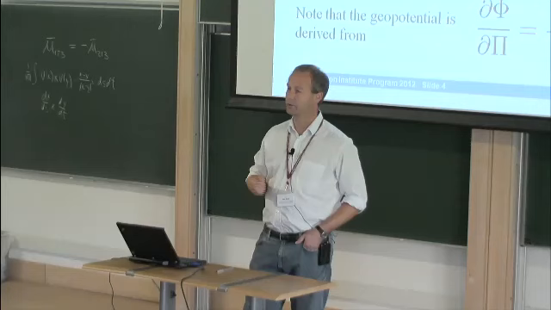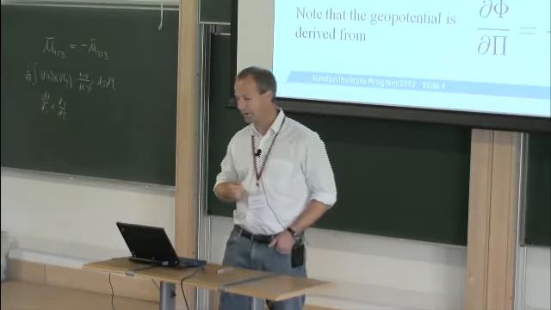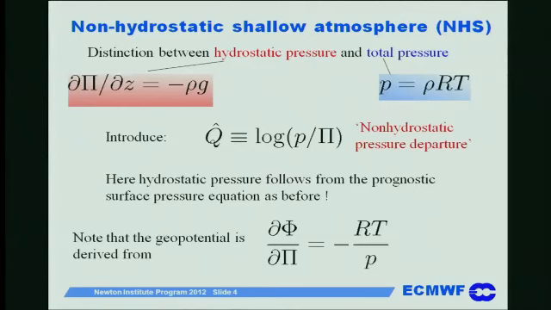They developed a non-hydrostatic core which was initially designed for limited area modeling, based around the idea of changing very little in the hydrostatic system, but including a distinction between the hydrostatic pressure on the one hand and the total pressure, defined by P equals rho R T, on the other hand. The system was designed by introducing a non-hydrostatic pressure departure, expressed in the variable Q hat, as a logarithm of the true full pressure over the hydrostatic pressure pi, which you would predict from the hydrostatic system.